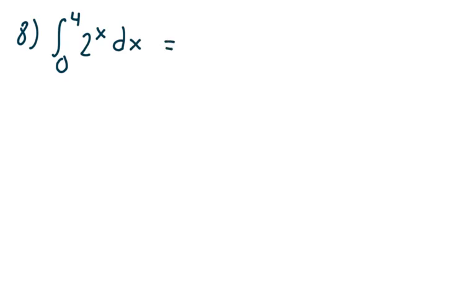So this is 2 to the x over natural log of 2. Okay? So this is the function whose derivative is 2 to the x. And I'm going to evaluate this from 0 to 4.